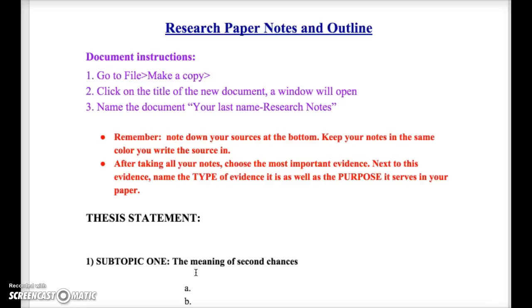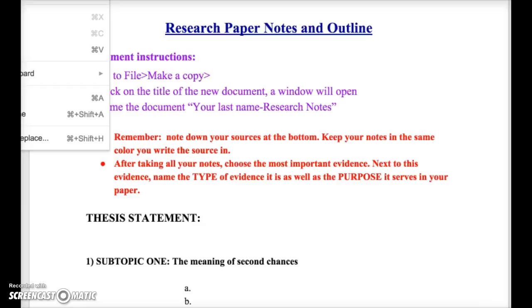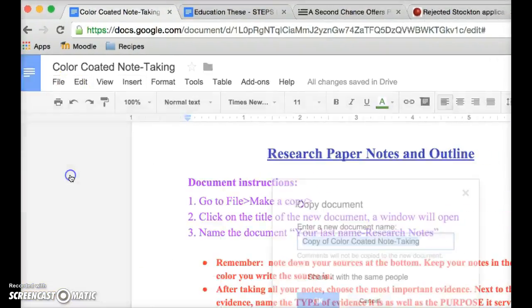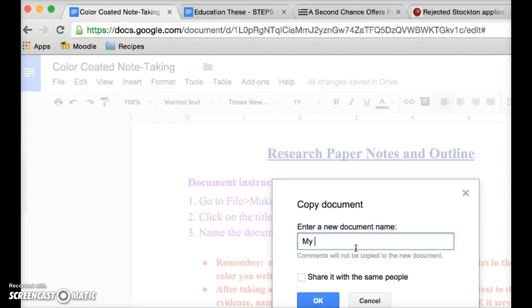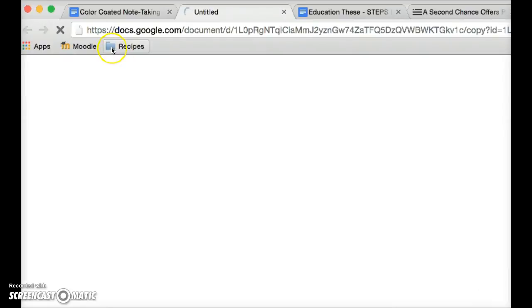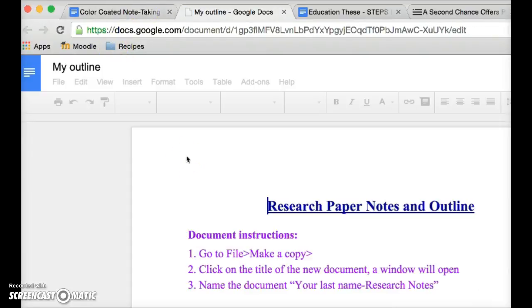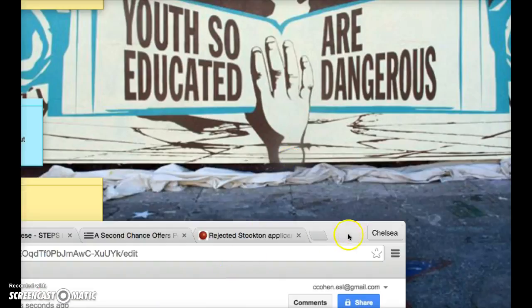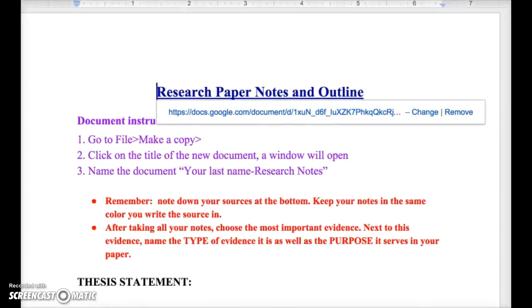So to start writing your own notes in your outline, what you do is you just go up here. At the top, you go to File, Make a Copy. You say, My outline. Once you make a copy, you'll have this same exact template here, and you can start typing on it, okay?